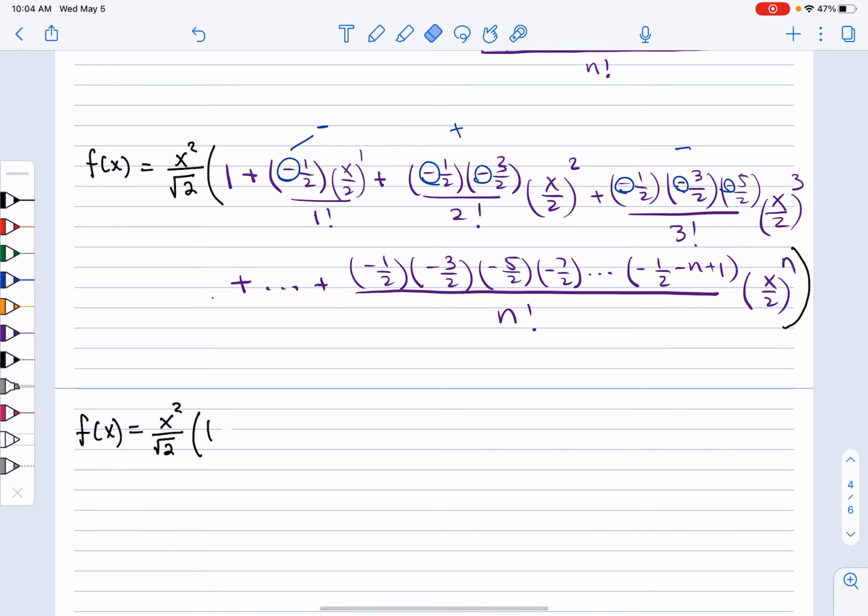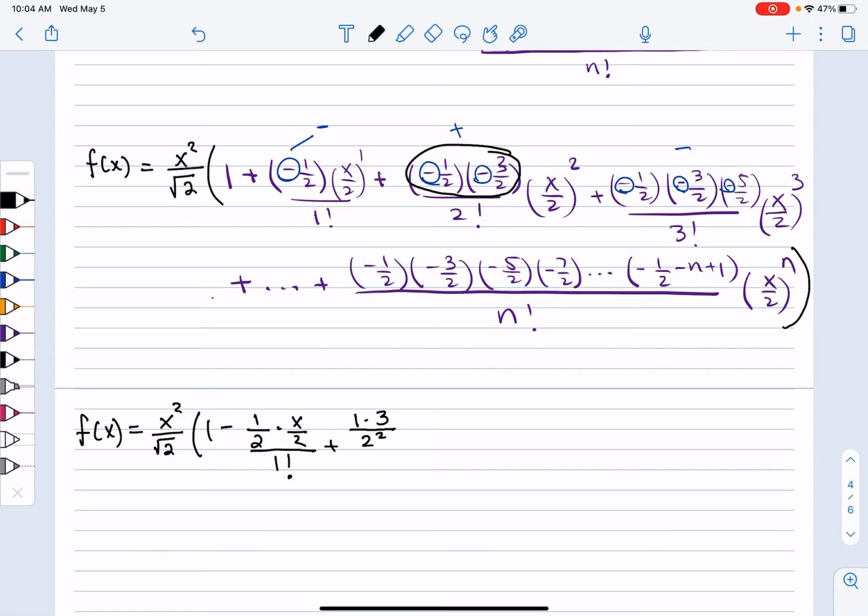So I'm going to alternate the signs. We're going to put a minus 1 over 2 times x over 2, and then I'm going to put here over 1 factorial. Plus, we're going to have 1 times 3 over 2 squared, where this is this part here, 1 times 3 in the numerator over 2 squared.